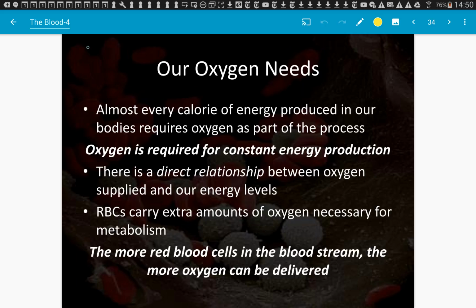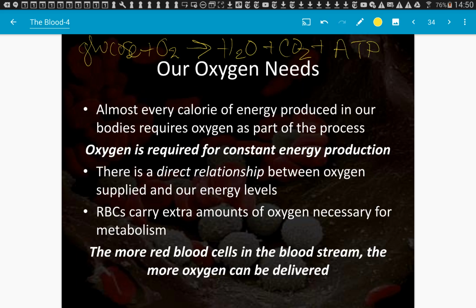So we need glucose, remember this? And we needed oxygen. And then what were our products? We had water, plus what? Carbon dioxide, plus energy, ATP. Okay? So that's cellular respiration in a nutshell again.